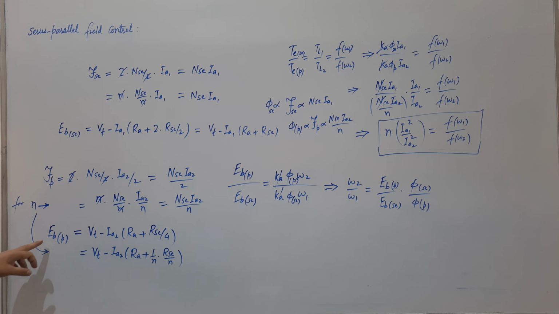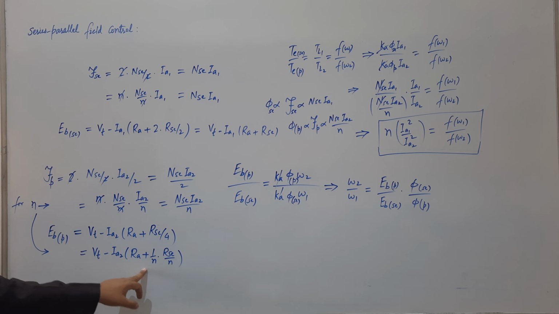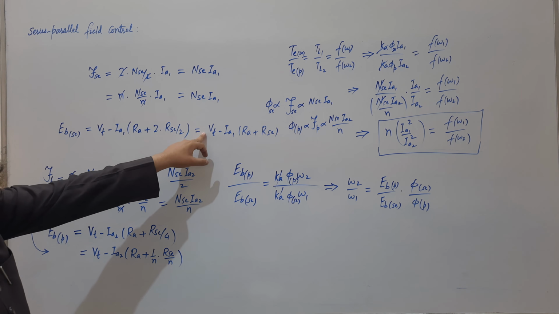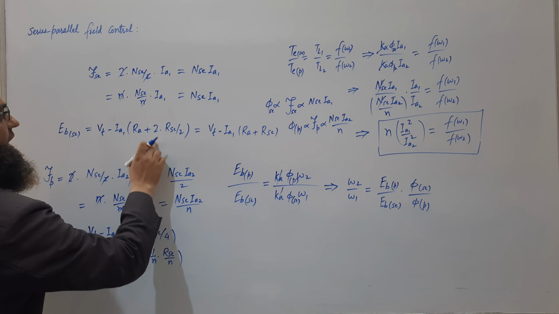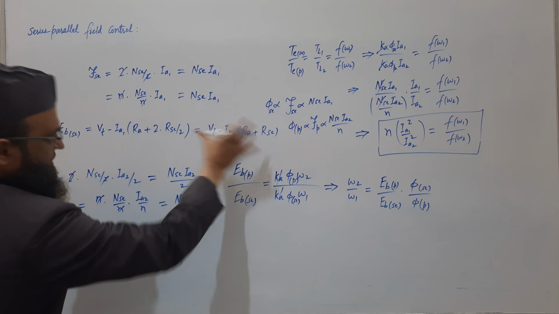Now we know the value of this for the general case and the value of this for the general case. For n, it will be n into RSE by n square.